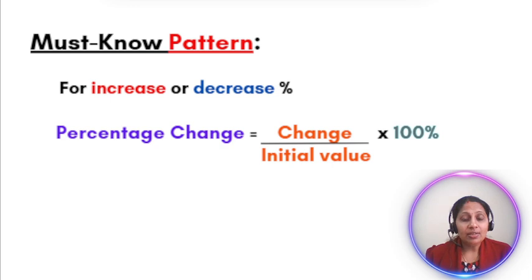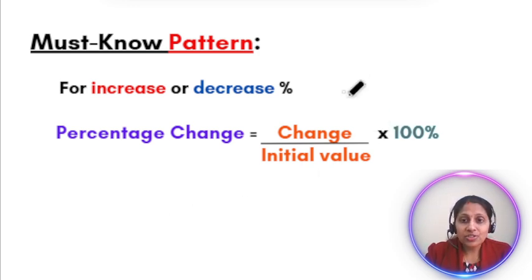Finding the increase or decrease. Say in the question they will ask you to find how much is the percentage increase or how much is the percentage decrease. The pattern is very simple. You simply take it as the percentage change. Sometimes you might have heard of the words initial value minus final value, or final value minus initial value. I want you to understand the concept here.